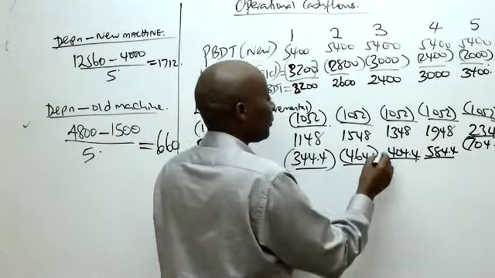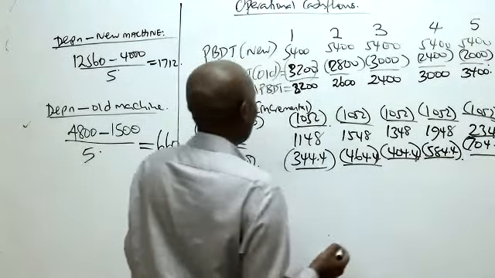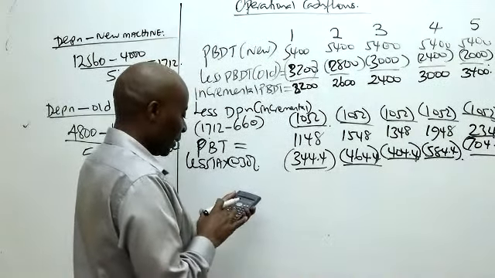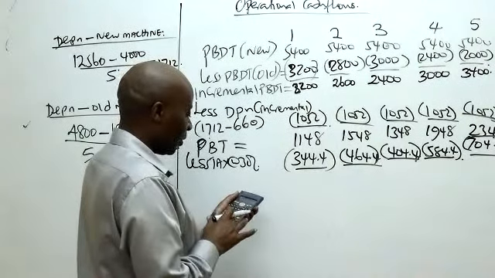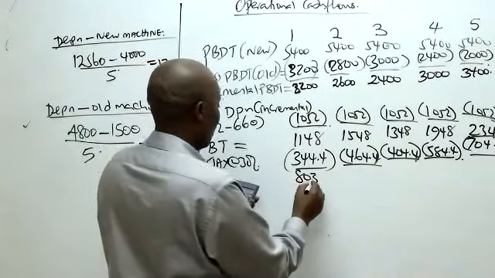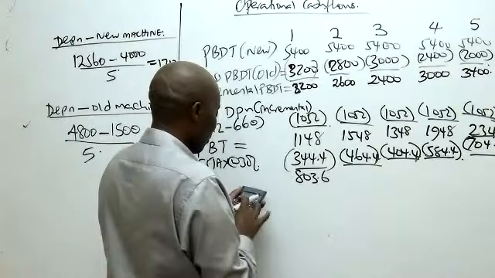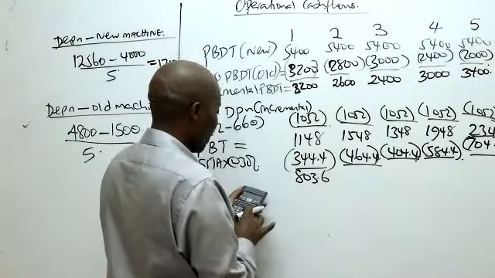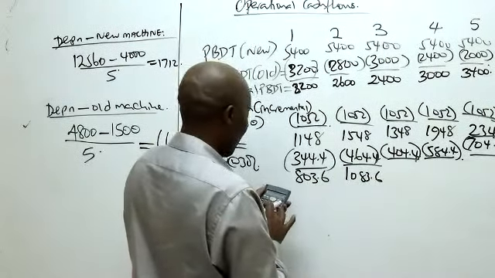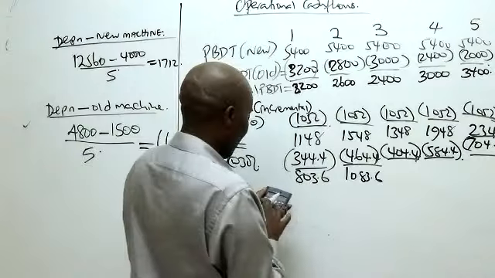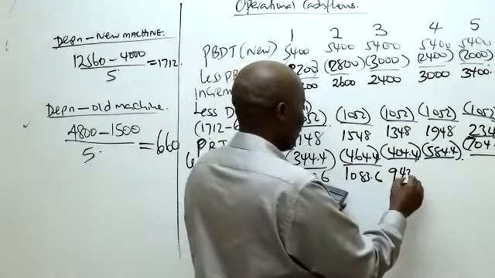So you subtract. We have here 1148 minus 344.4, which will give us 803.6. 1548 minus 464.4, which will give me 1083.6. 1348 minus 404.4, which will give me 943.6.